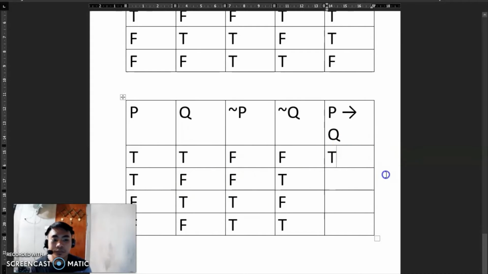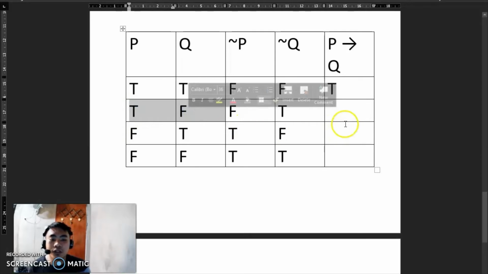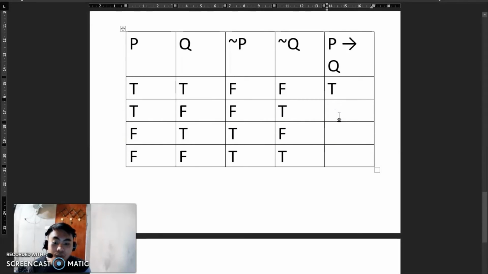Next, sunod po, we have true and false. Nauna ang true bago ang false, that will become false. Dito naman, nauna ang false bago ang true, that will become true. In this one, nauna ang false followed by another false, that will become true.